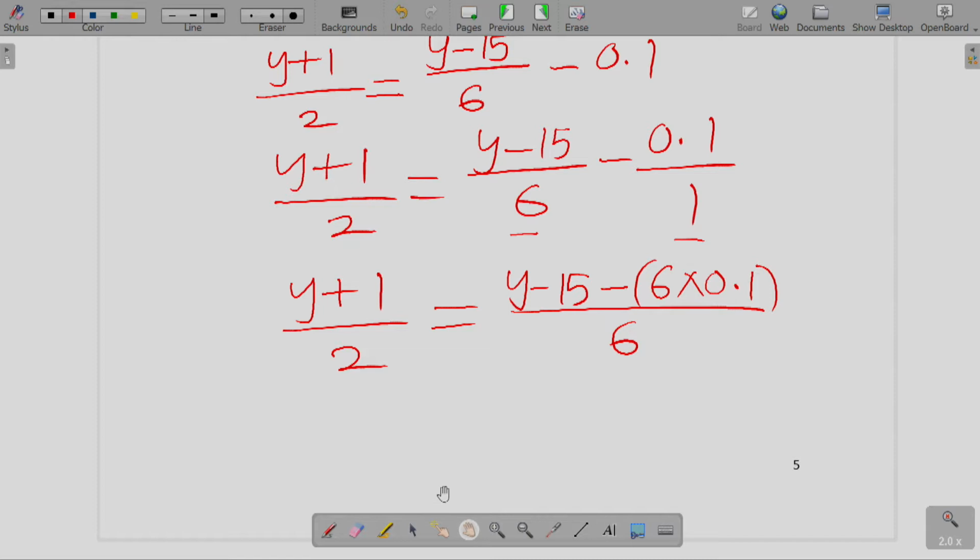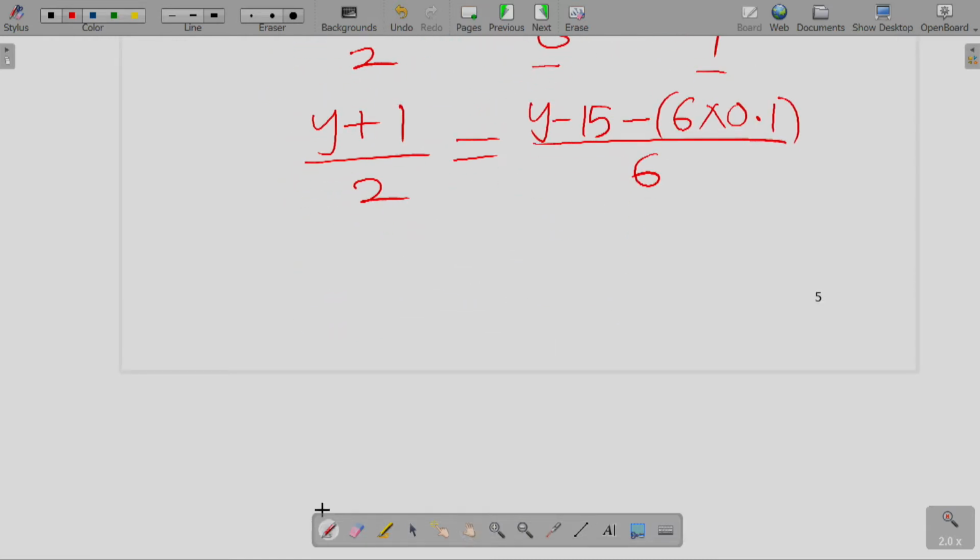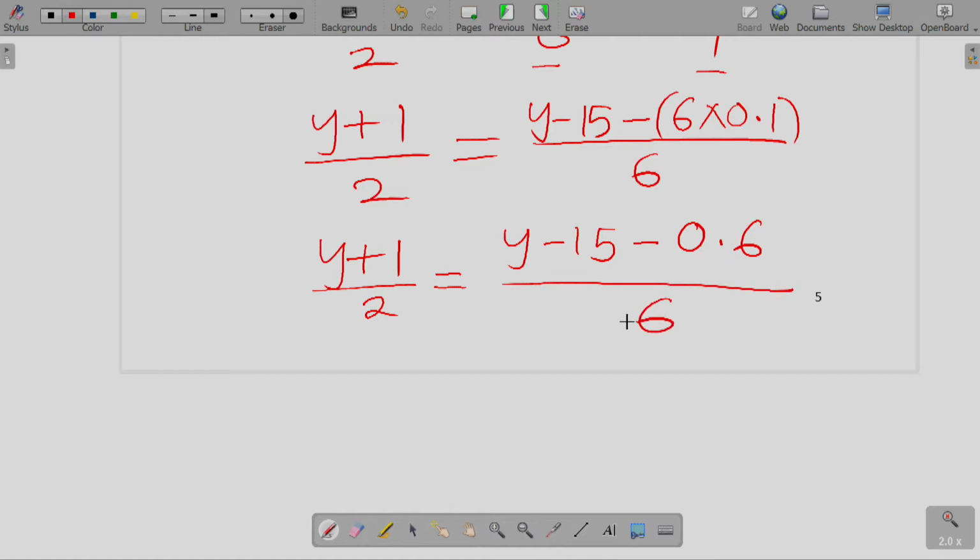If we simplify it, we'll get (y plus 1) divided by 2 equal to y minus 15 minus 6 times 0.1, so we'll get 0.6 divided by 6.